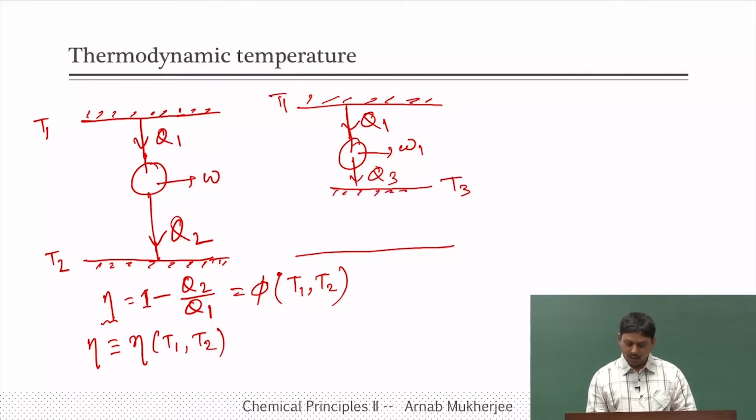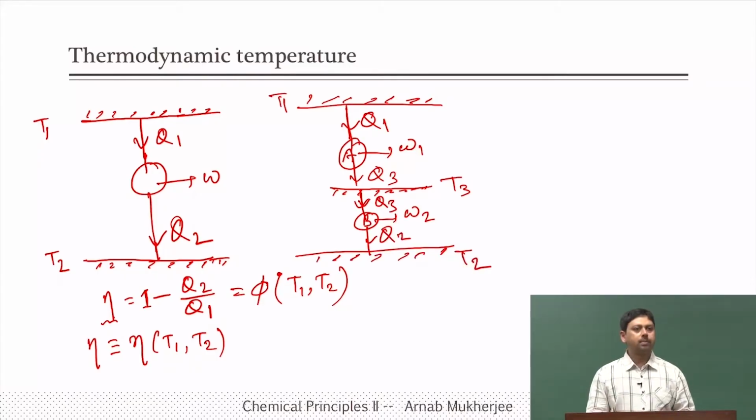T3 works as the low temperature reservoir for the upper engine, let us call it A, and the same Q3 is taken in by another engine called B, which does some other work, and finally Q2 heat is thrown to the T2 temperature reservoir.